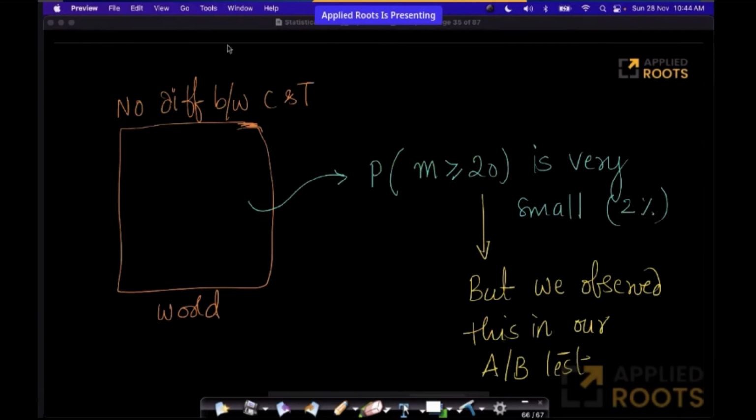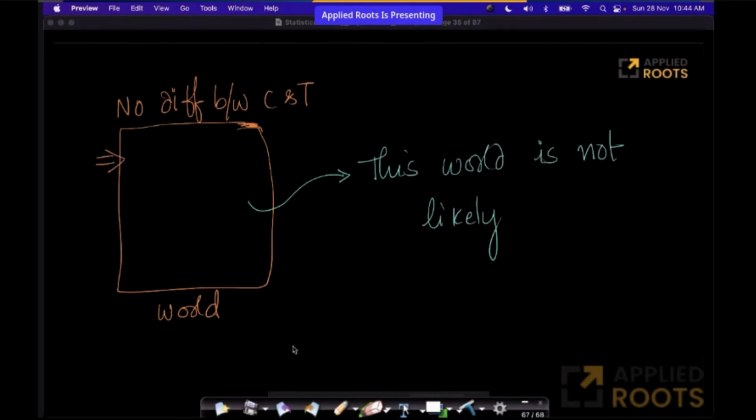In a world where there is no difference between control and treatment, which means XC and XT are the same, the probability of observing what we observed is very small, which means, here comes the great idea, that this world where XC is very similar to XT is not likely to be true.